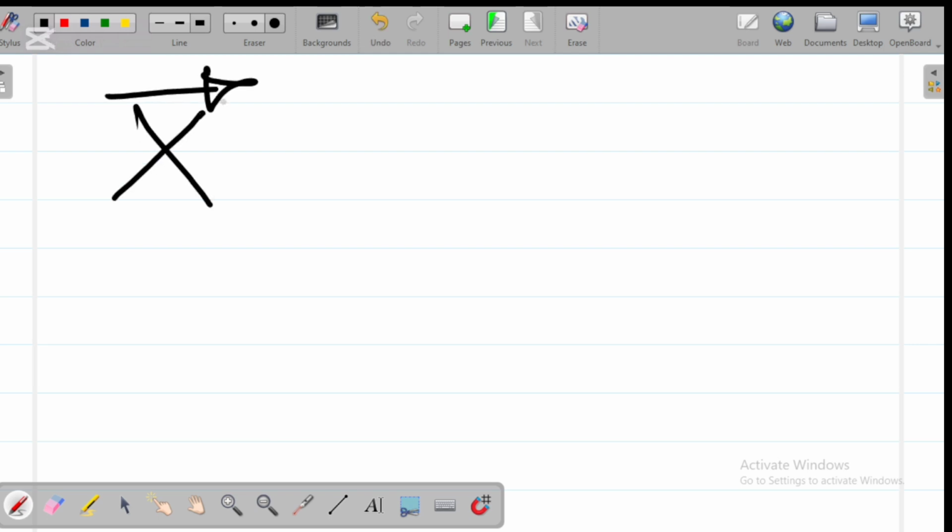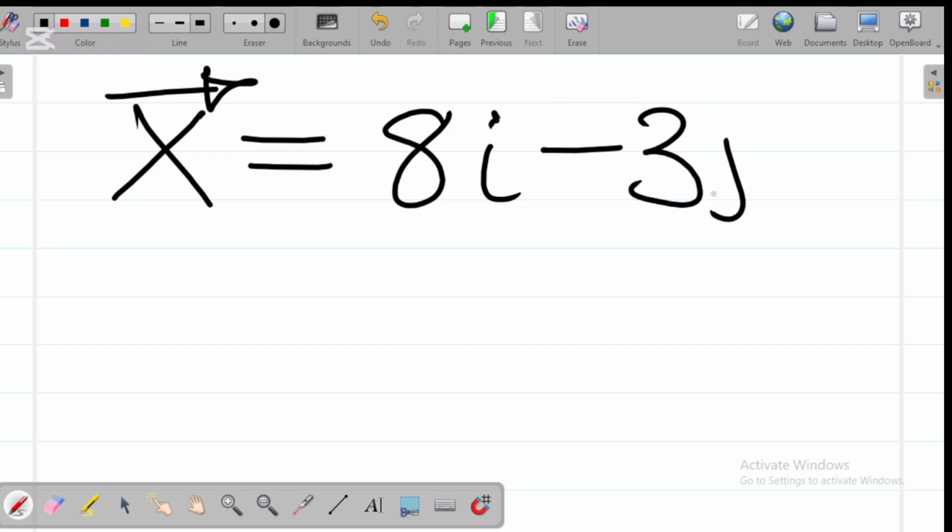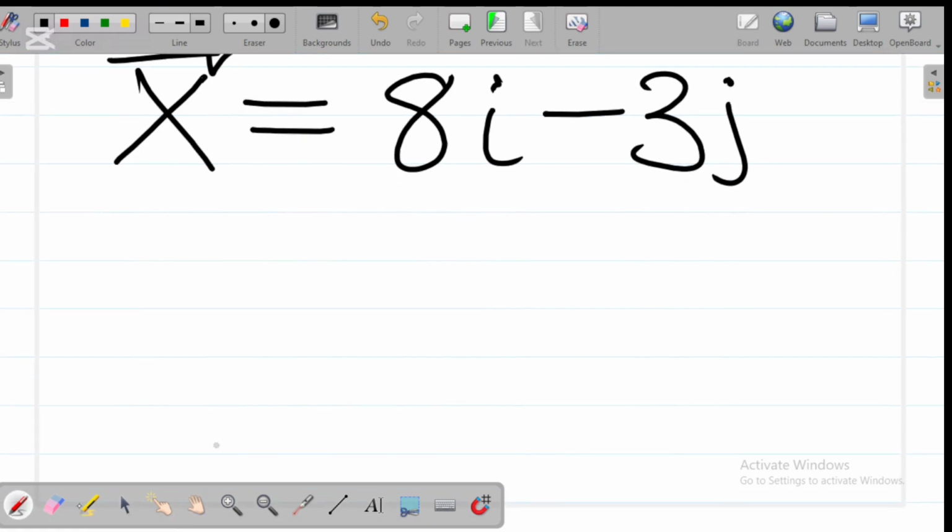If vector x is equal to 8i minus 3j, and we are asked to find the unit vector of vector x, how do we go about it? All right, first of all, let's find the magnitude of the vector.